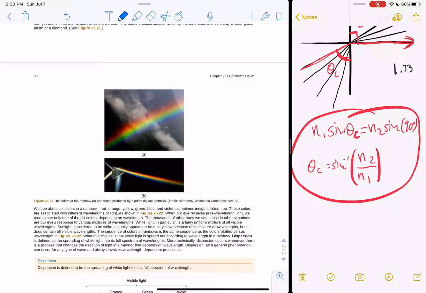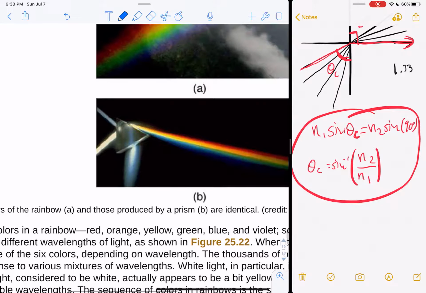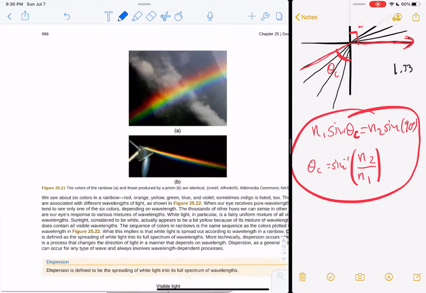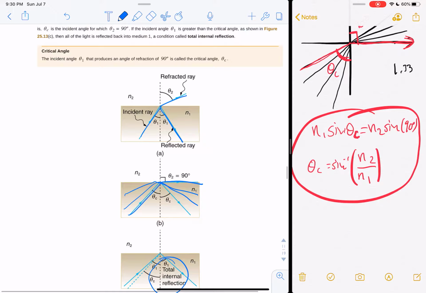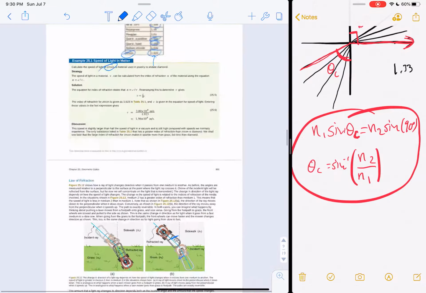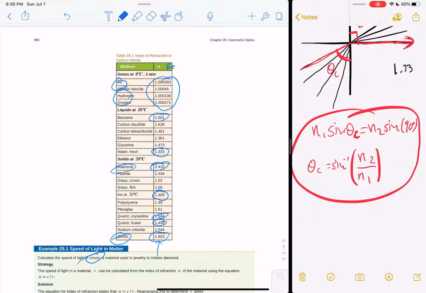It's a little complicated and not super necessary for most of what we do, but you can't understand how a prism works if you don't understand that. Suffice it to say that in this table of indices of refraction, there would be n for red, n for blue, n for green, n for infrared, and for X-ray.